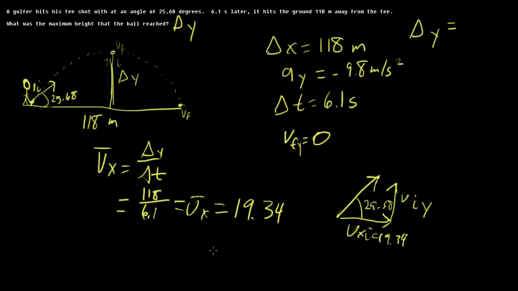So tangent of 25.68 equals the opposite, viy, over vxi, which is 19.34. So viy is just going to be that product, 19.34 times tangent of 25.68.